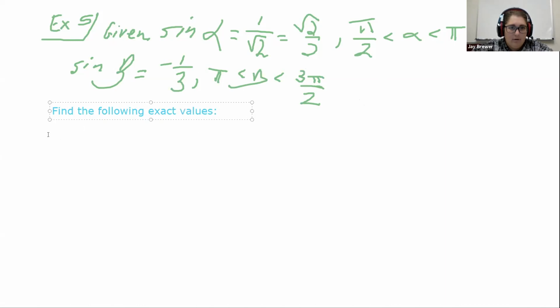Okay, and they want us to look for cosine of alpha, which I'll just draw in. They want you to find cosine of beta. Then they want you to find cosine of alpha plus beta.